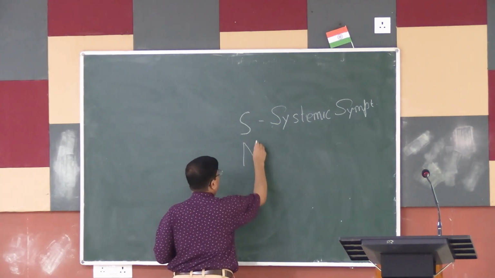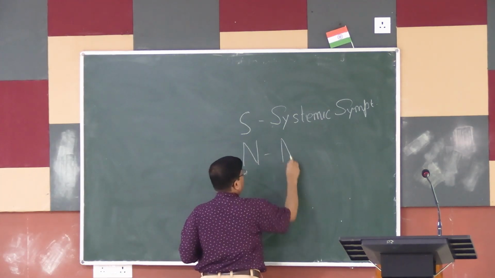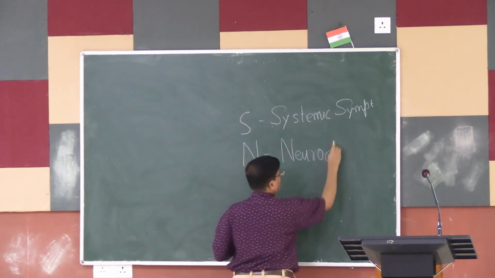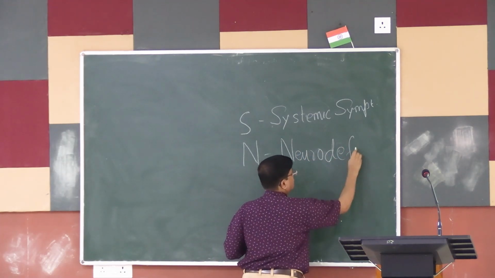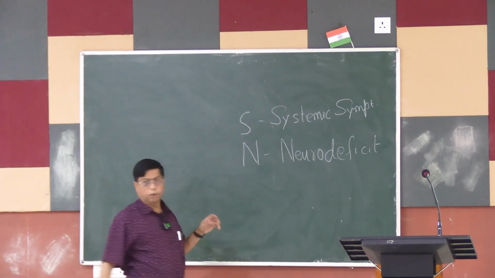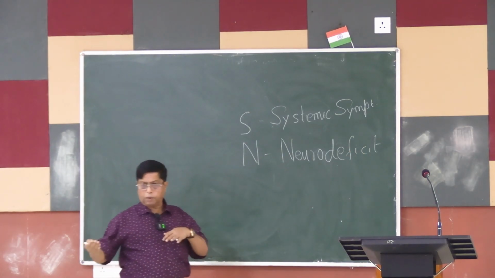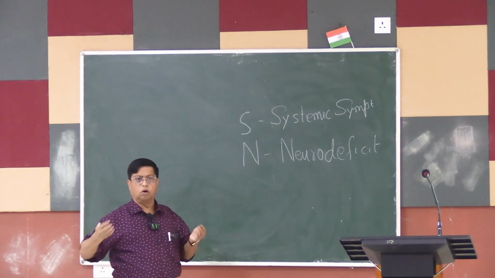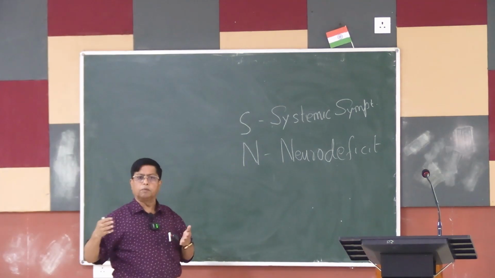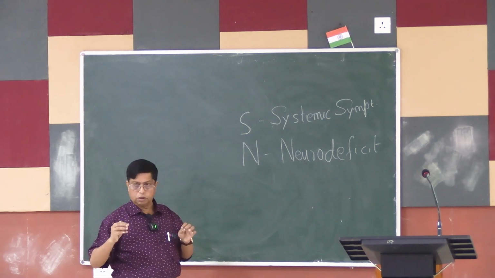Then N, neurodeficit. By neurodeficit we mean there is a paralysis or either a motor or sensory loss or autonomic, sympathetic or parasympathetic features.